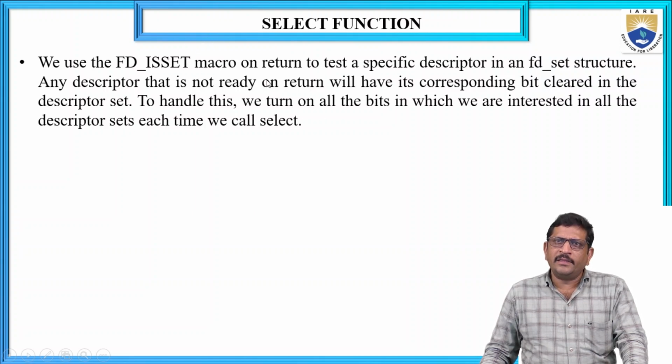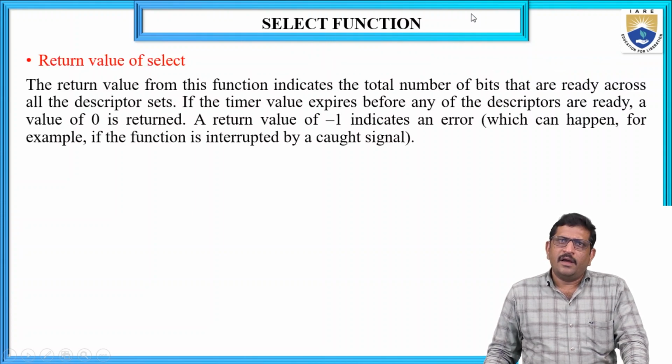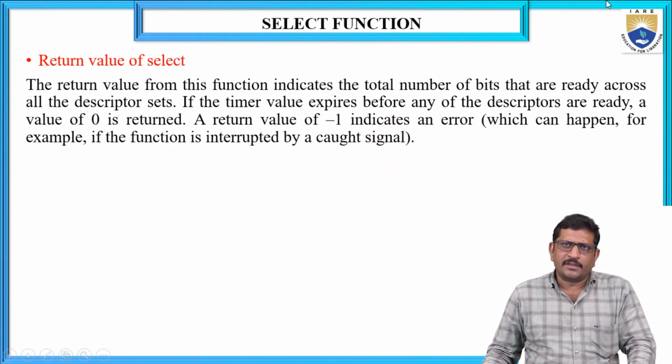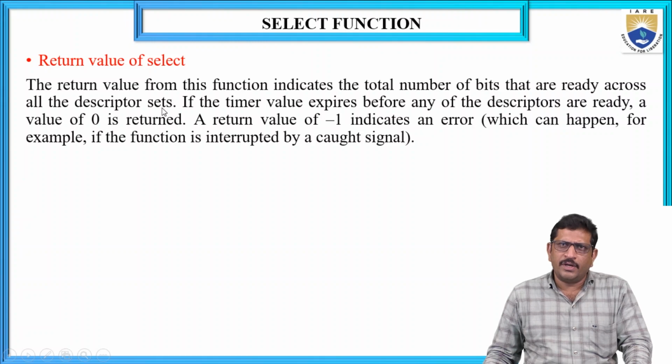To handle this, we turn on all the bits in which we are interested in all the descriptor sets each time we call the select or pselect functions. Now we have discussed the return value of select or pselect.